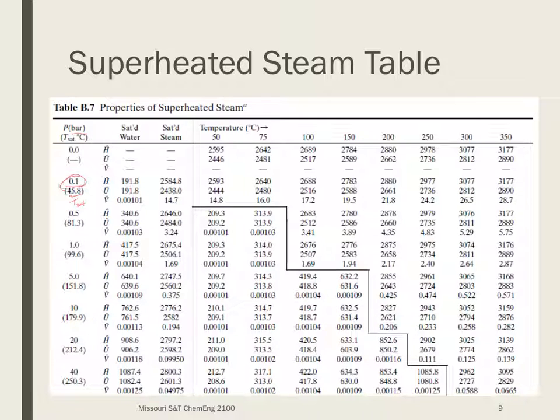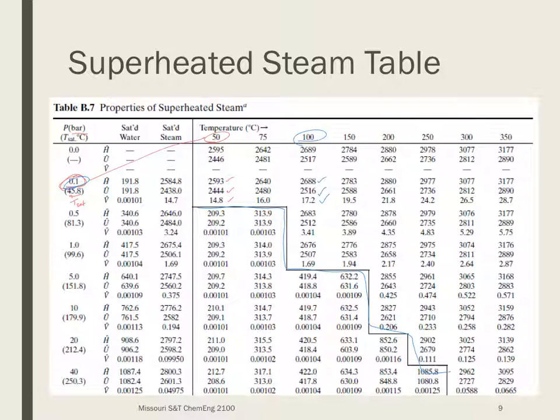But for this pressure with this temperature, this is H, U, and V. For this pressure at this temperature, this is H, U, and V, and so forth all the way along. Now the way this is set up in this textbook, everything above this line is superheated vapor, and everything on the other side is going to be compressed liquid. Okay.